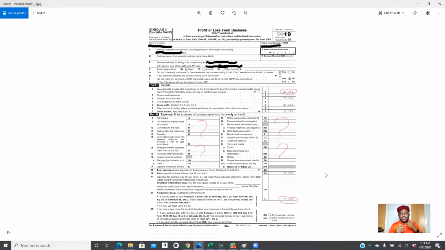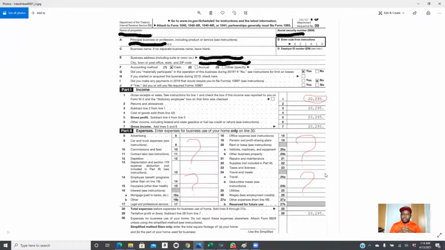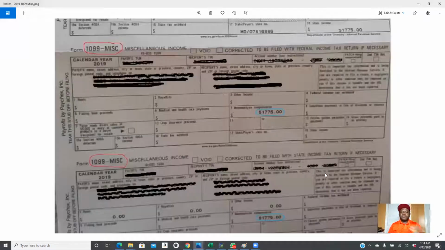The other consequence is that there is a loss of the possible financing for your business. This person right here is losing. Why? He's losing because his PPP has been calculated with $20,000, whereas the real 1099 was actually $51,000.